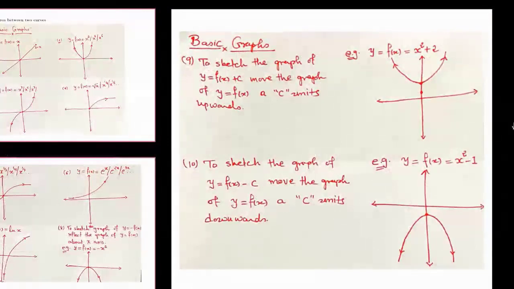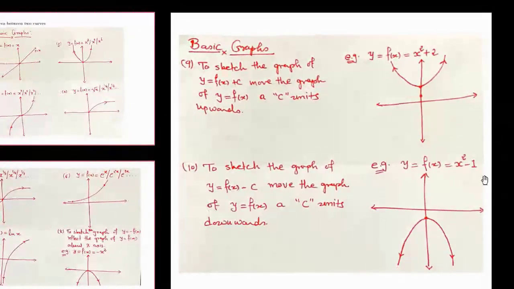And then this basically talks about how your graph would move, right? If you stretch the graph, or if you move it up 2 or down 2. So here on number 9, it's talking about how you would move the graph up because it's x squared plus 2.